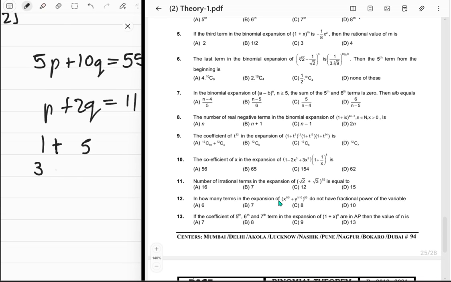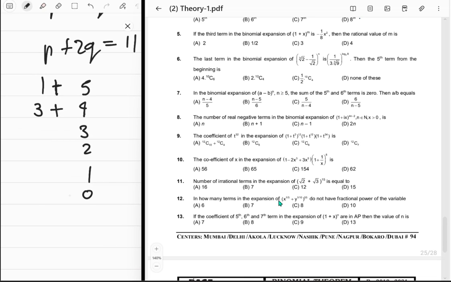Then the next will be 3, with q equal to 4, and you can see the pattern: q goes 3, 2, 1, and 0, while p goes 5, 7, 9, 11. So these are all the pq pairs. It's just 6 pairs, and that's why 6 terms in this will have integer powers of x and y.